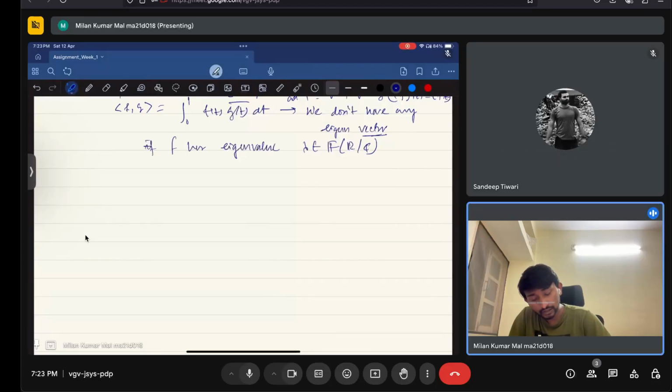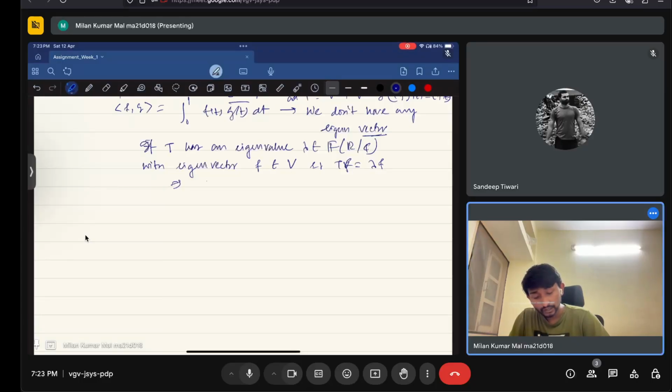If T has an eigenvalue lambda with eigenvector f, where f belongs to this vector space V, such that Tf equals lambda f, then what will we have?